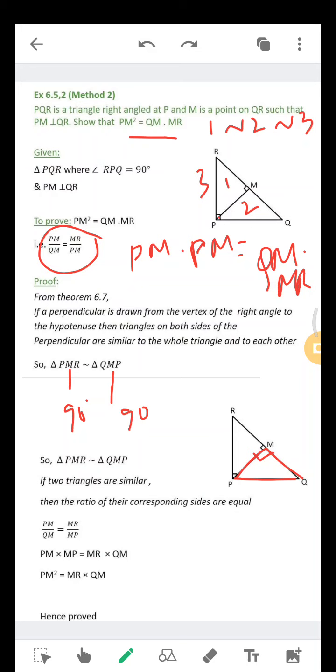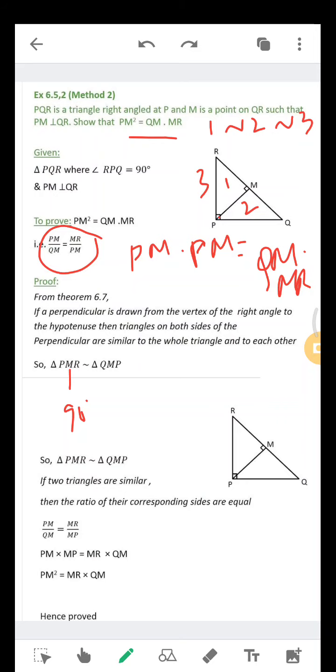How will they be similar? Let me tell you that also very quickly. They'll be similar because in PMR you can see this is 90 degrees, and this R. Or you can directly say it, no problem, because if you try to prove, it goes very long.